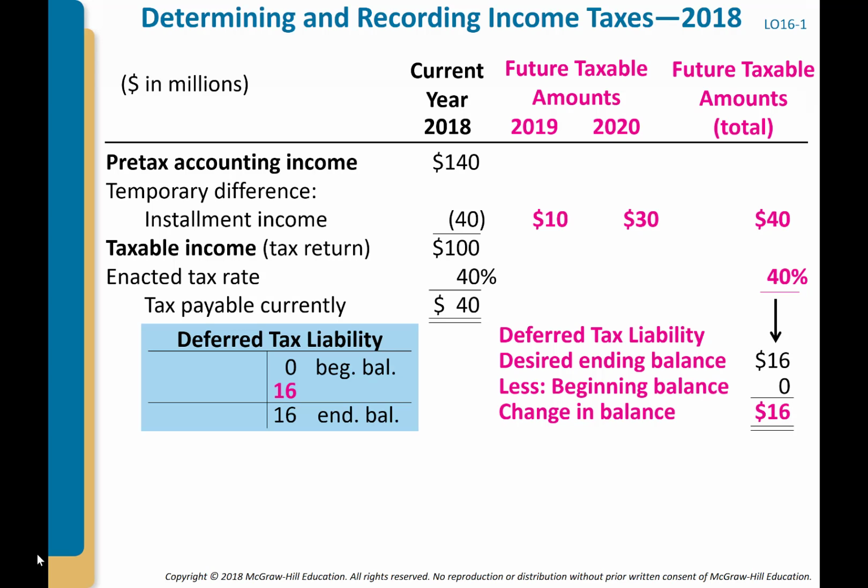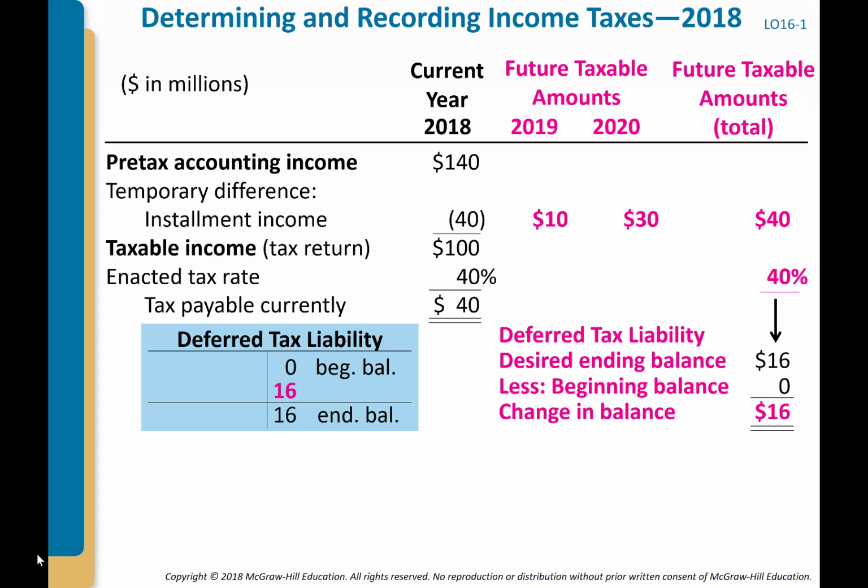Okay. So we take that tax that we're going to have to pay in the future, and we multiply the income we're going to take in the future by the tax rate. That's something that we're going to have to pay in future years, right? When we finally go ahead and take that income and have to pay our taxes on it.